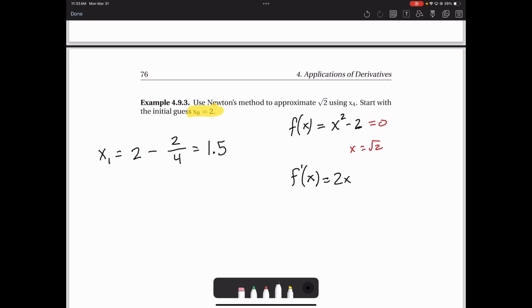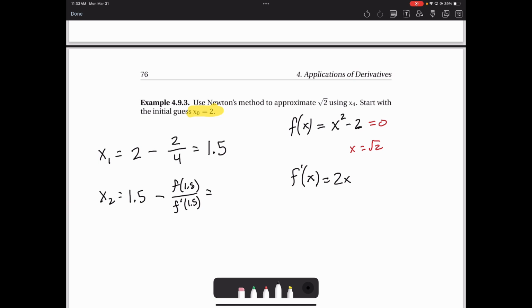Okay? Let's do it again. Iterative. X sub 2. I'm going to do 1.5 minus the function value at 1.5. Well, that gives me 0.25. Derivative at 1.5 is nice because that's just 3. But plug that in.